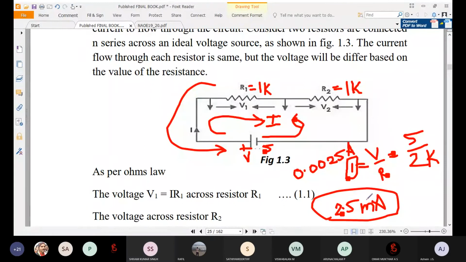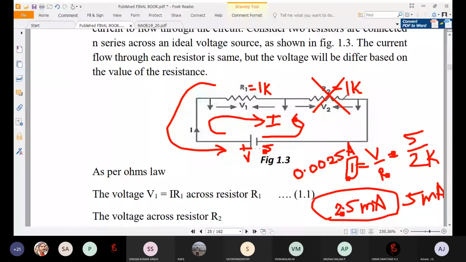So 2.5 milliamps of current will flow in the entire circuit. If I'm not using this second resistor R2, then 5 milliamps of current will flow in the entire circuit. This is the concept. However many resistors you use, based on that it will reduce the flow of current.